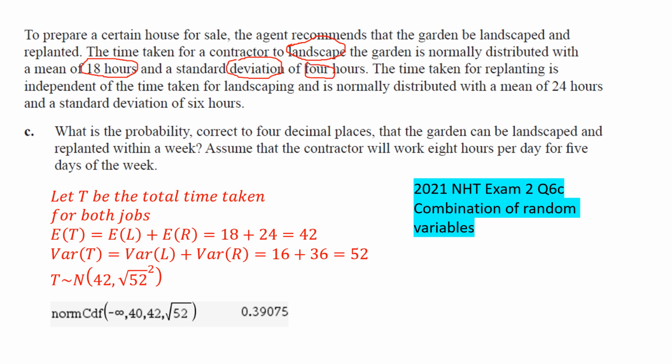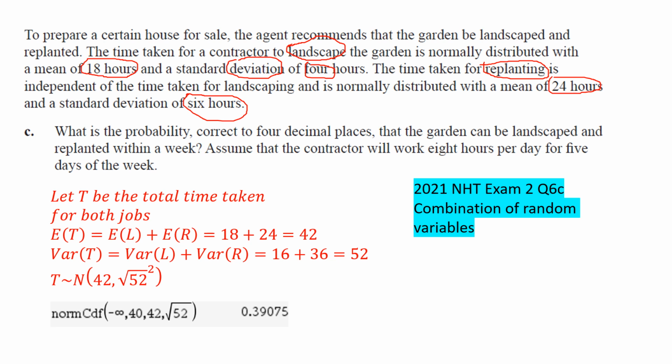And then you also have replanting time, and we call that R. In this case, the mean replanting time is 24 hours, and the standard deviation is 6 hours. So just highlight all of this key information.